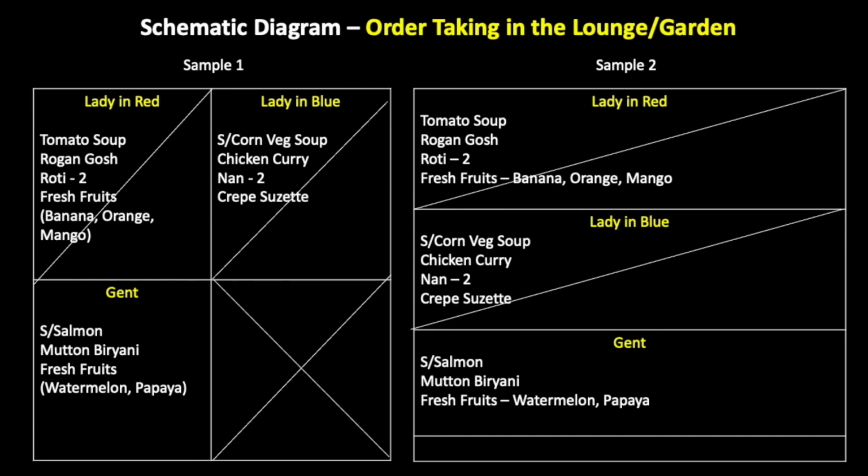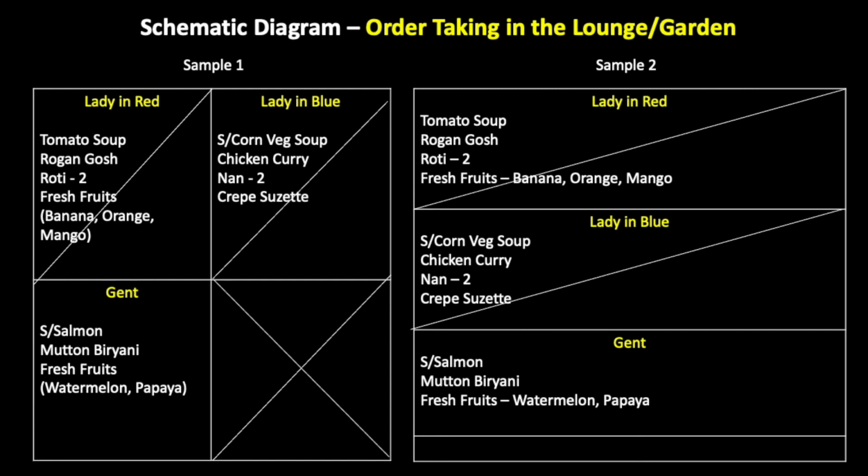You can see over here, the lady in red has ordered a tomato soup as a first course, Rogan Josh along with the roti, 2 rotis as a main course, and the dessert, fresh fruits, banana, orange and mango as the 3rd course.